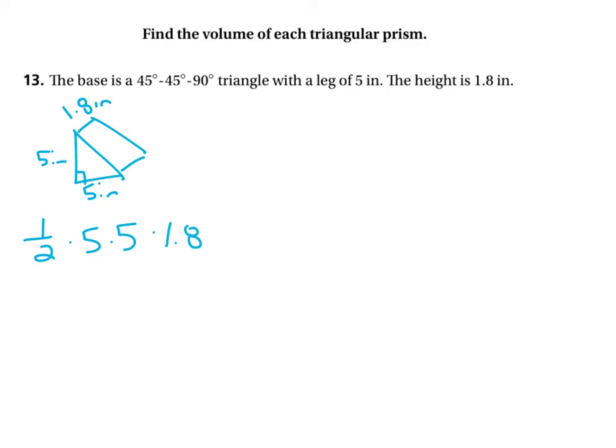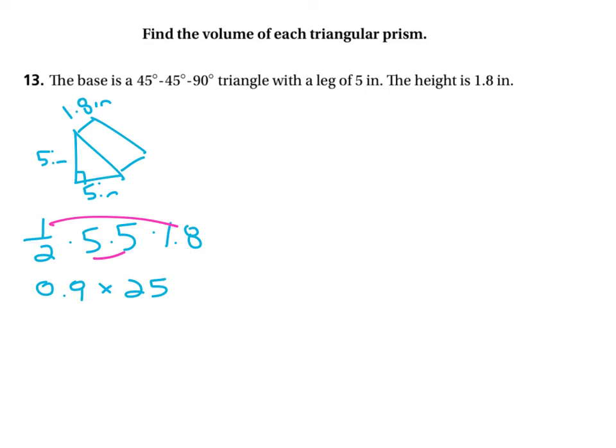Okay. Now, I'm going to do 1/2 of 1.8. I'm going to pair these two together and these two together right now. So half of 1.8 is 0.9 times, and 5 times 5 is 25. Okay. We can calculate this over on the side. I don't know what this is going to do, so let's see.